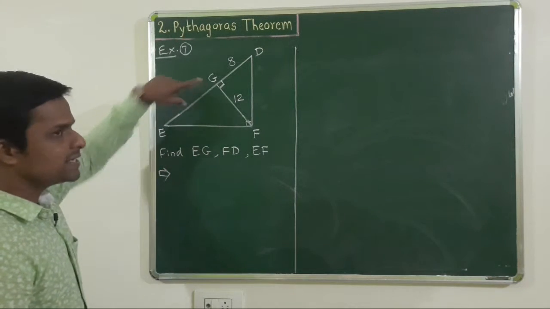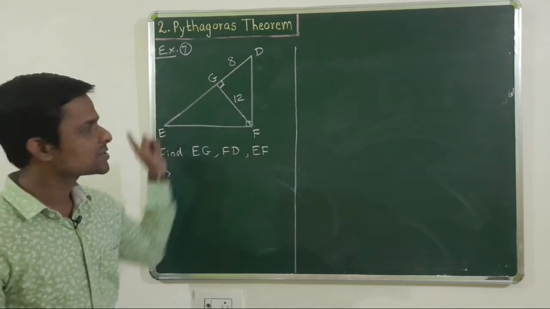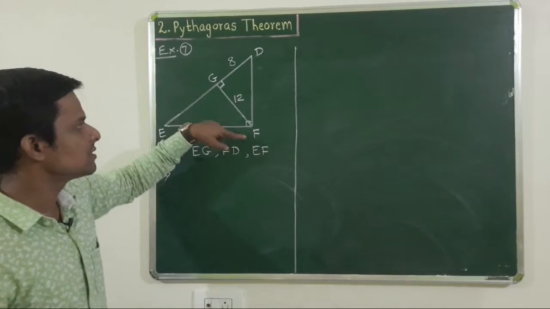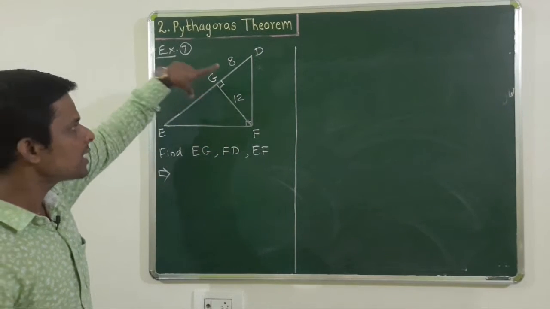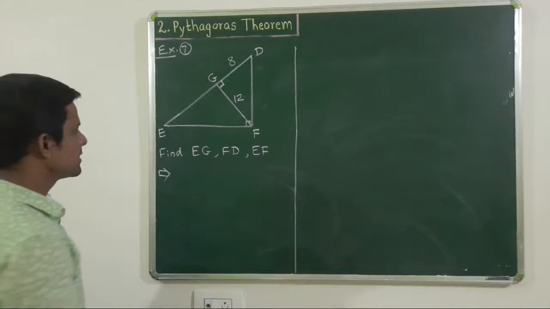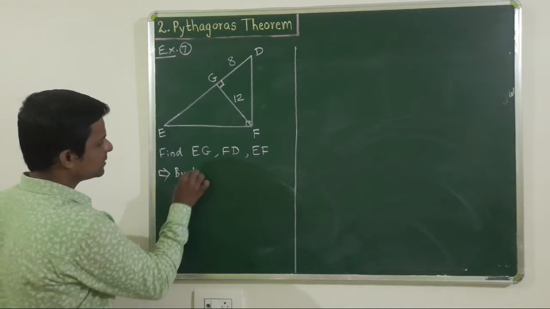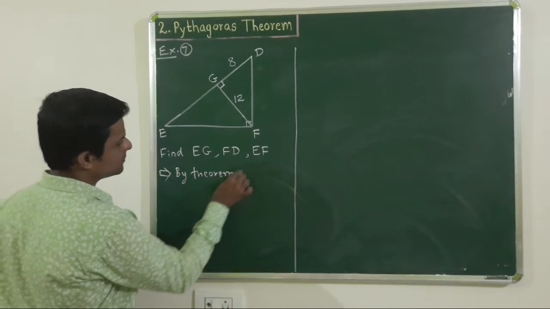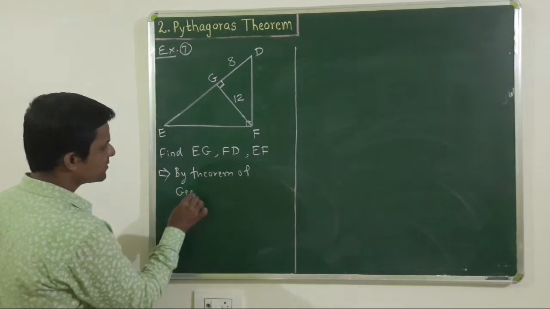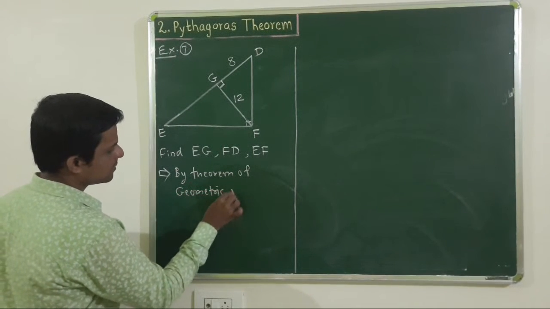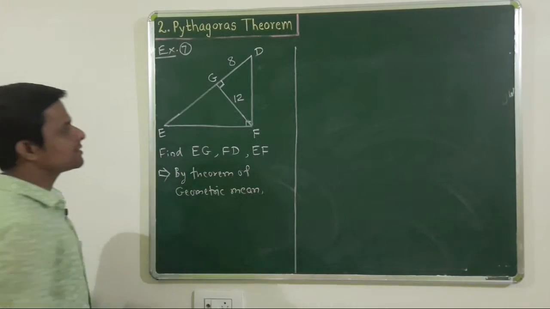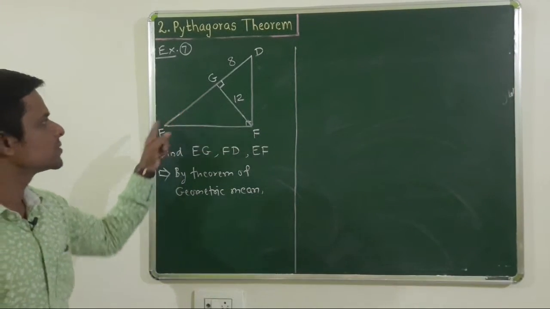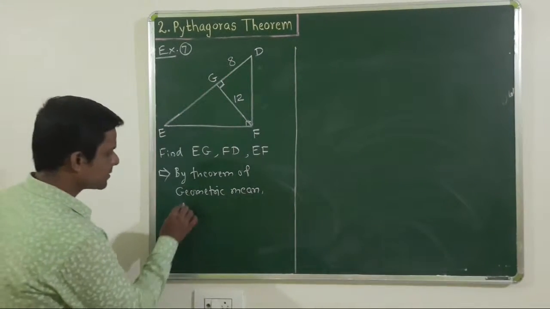Now first we will find EG. For that, observe this triangle, which is right angled, and this is a perpendicular drawn on the hypotenuse from its opposite vertex. Hence, by the theorem of geometric mean, I can write FG square is equal to EG into GD.